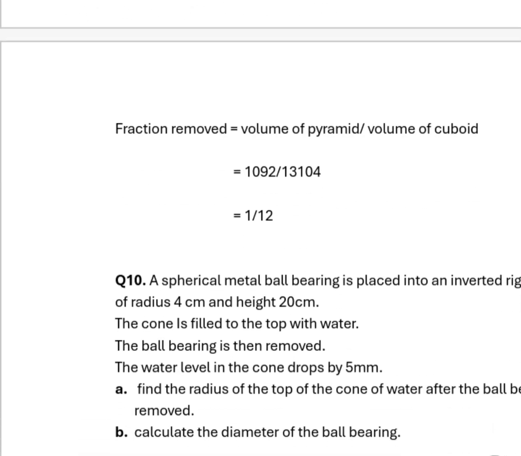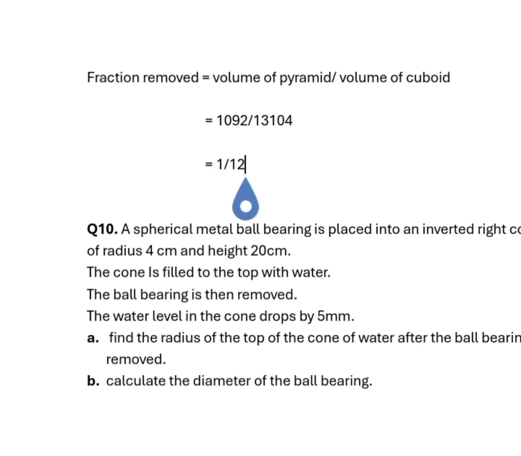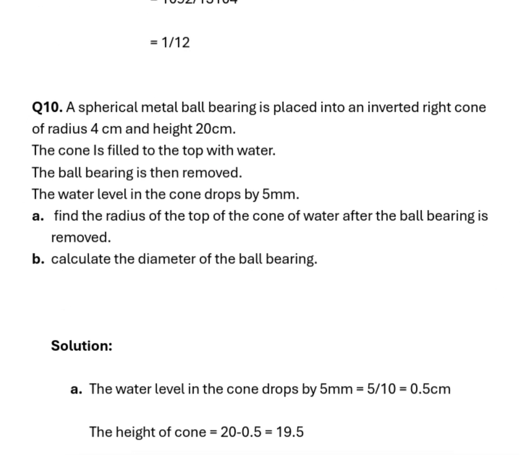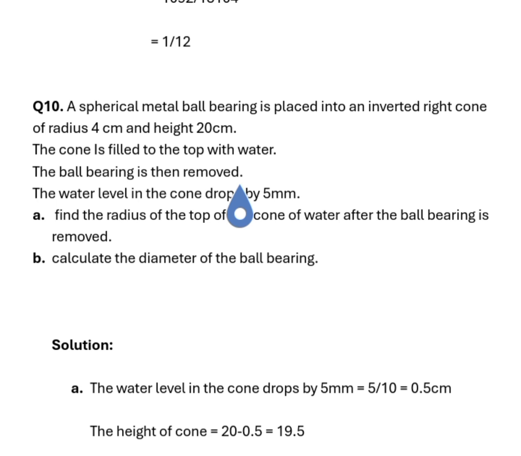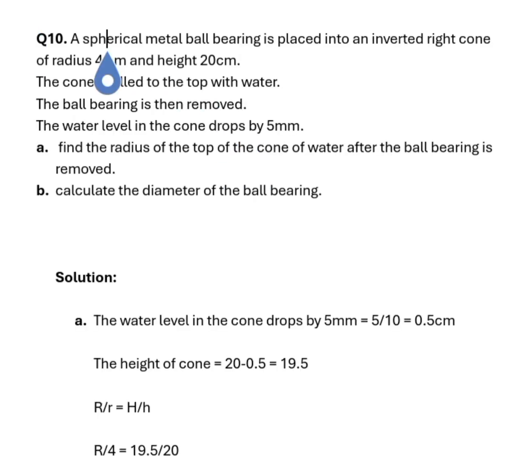Now question number 10. A spherical metal ball bearing is placed into an inverted right cone of radius 4 centimeter and height 20 centimeter. The cone is filled to the top with water.